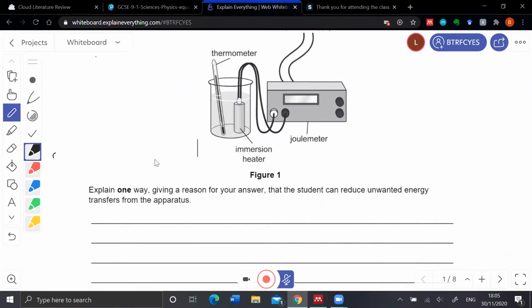So you can put a lid on the beaker to prevent heat being lost to surroundings. Okay, prevent heat being lost to surroundings.